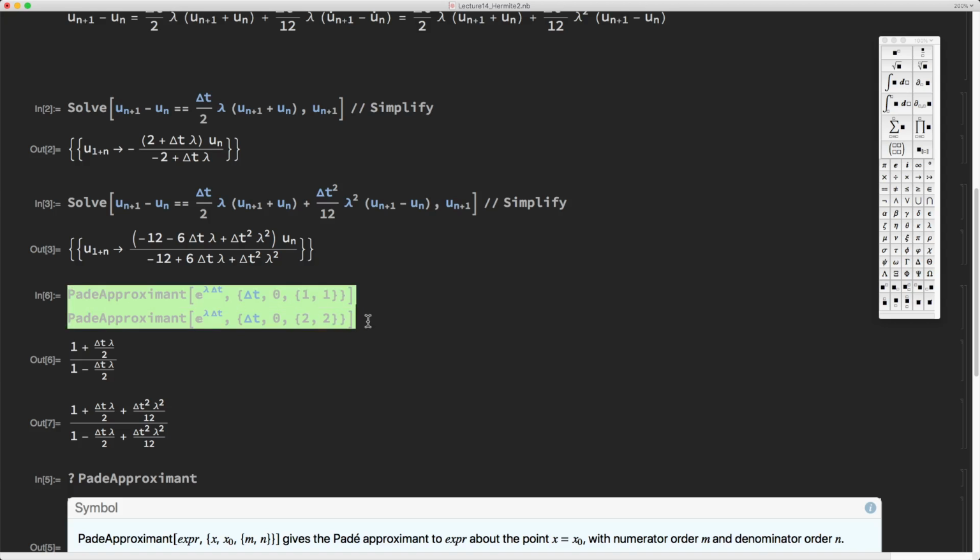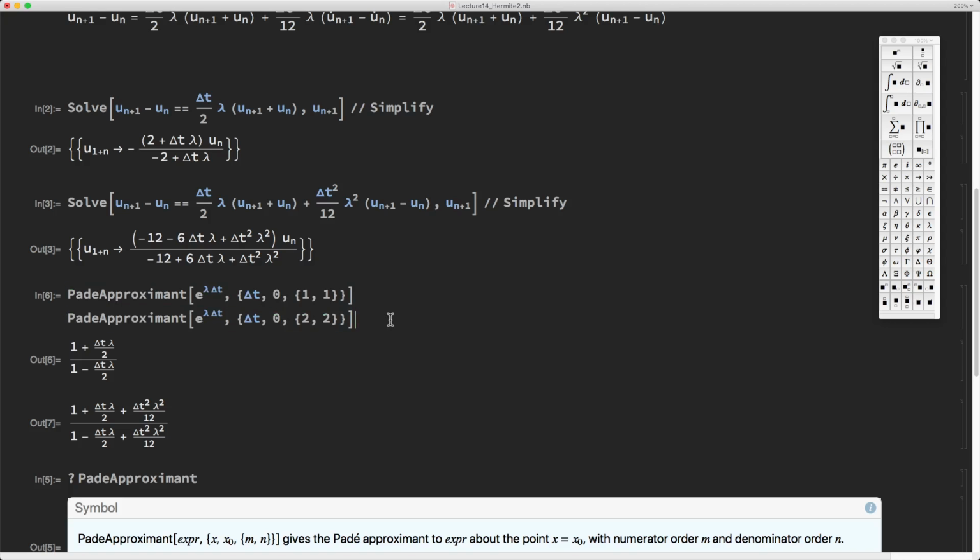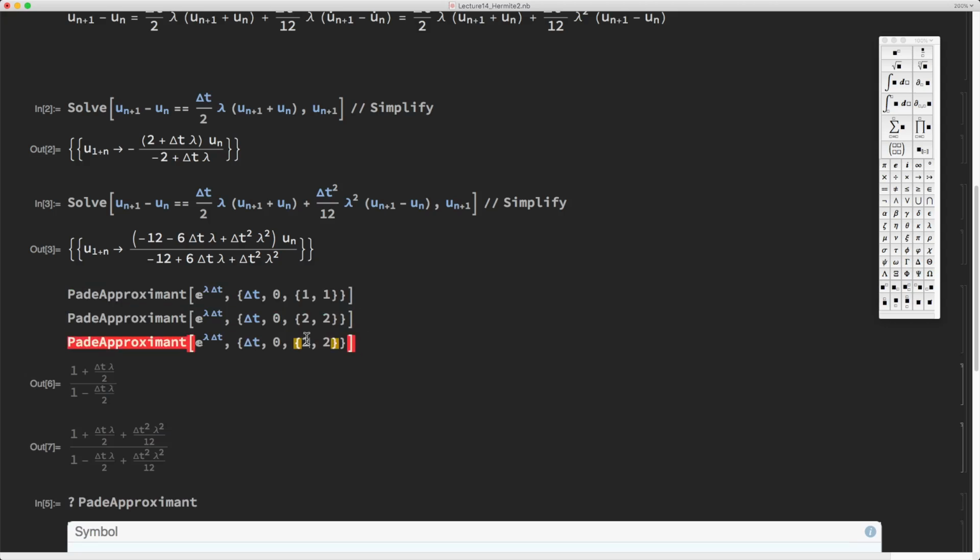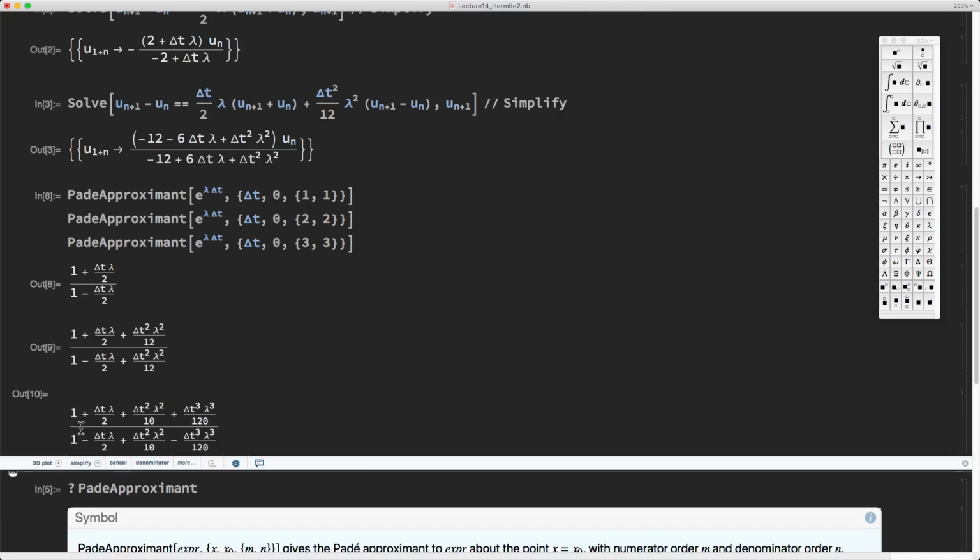And the next approximation would be 3, 3, so that would be third order here and third order here. And by now we start to see that this is what we get with the trapezoidal rule. It's un times this factor. And with the Hermite rule, we get this approximation.